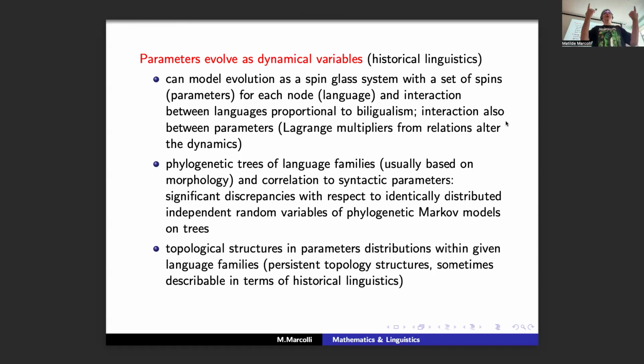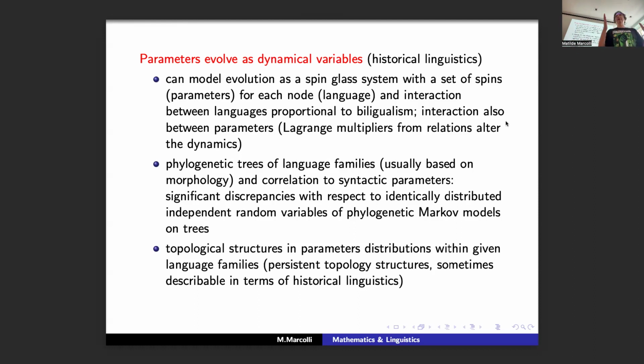So everything tends to flip towards the equilibrium where all the spins are aligned in the up position. But this is not what happens. You have languages that maintain a fair amount of diversity in the position of the respective syntactic parameters. And this is again an indication that there are relations between parameters.